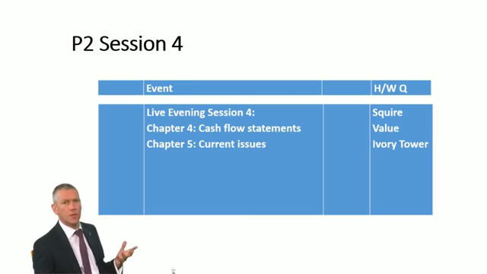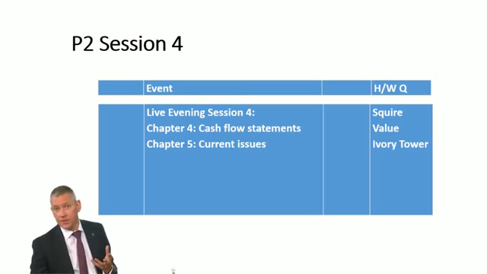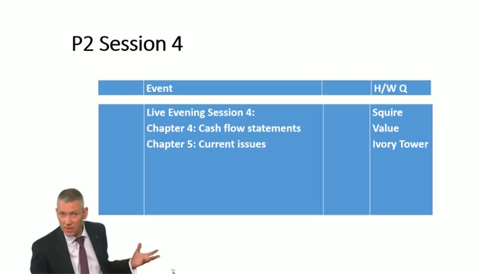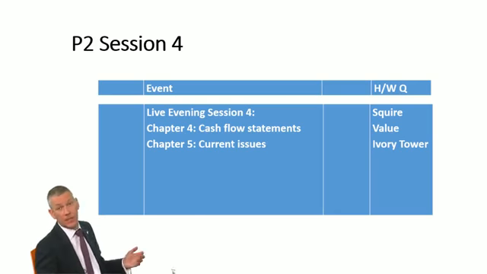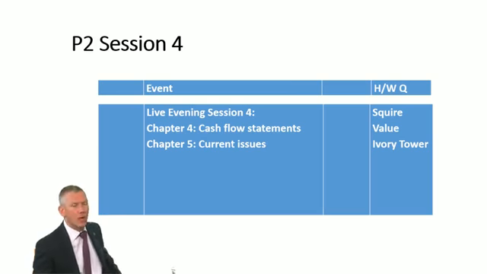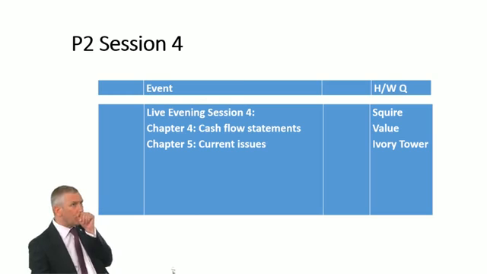We work out the cash flow as a missing figure in a flow of numbers. Those workings are a technique called incomplete records, which you did when you studied F3 1,000 years ago. So cash flow statements are done by incomplete records, by cash flow workings. Very, very different thing. And thinking of different, you can't get much more different than current issues.